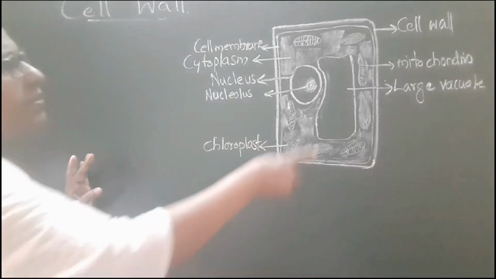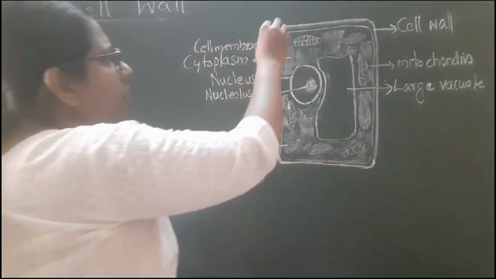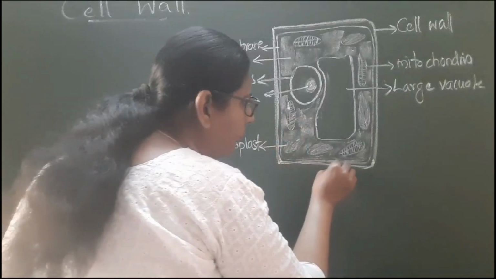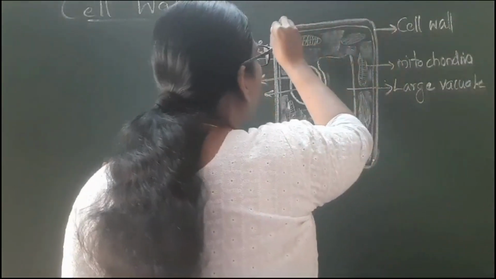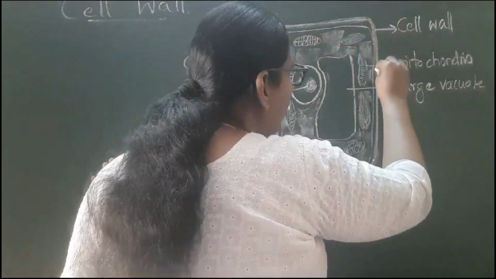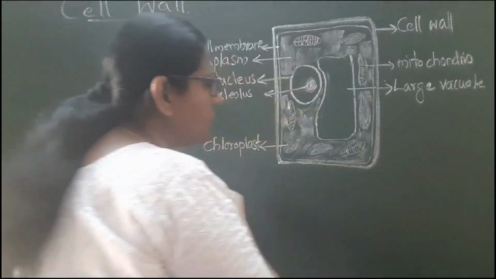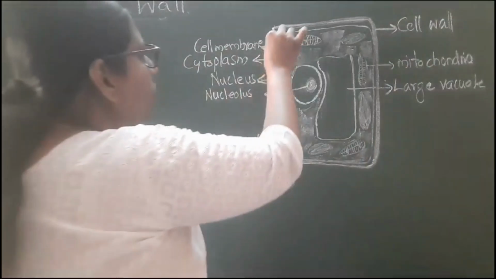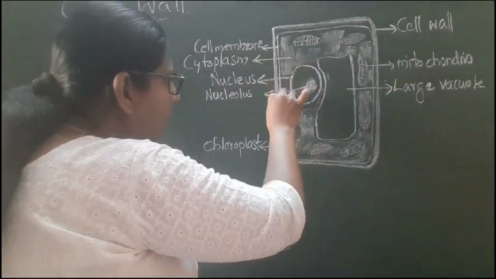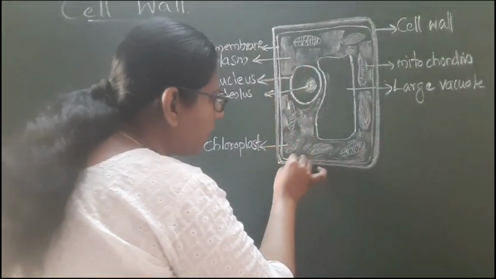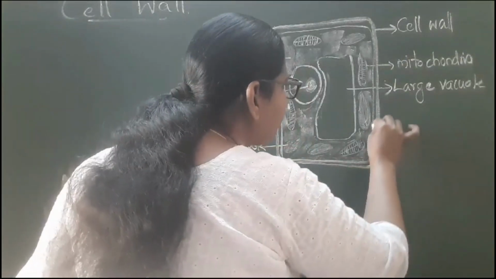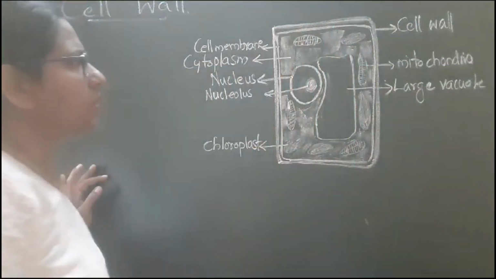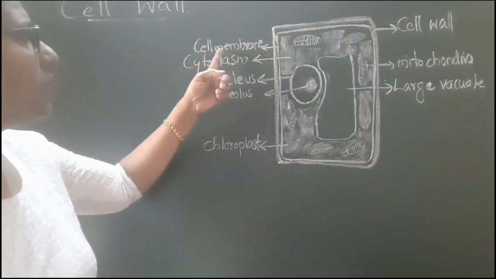And you see here in this diagram, the outer covering or the outer layer of a cell is called the cell wall, and it is adjacent to the cell membrane or plasma membrane.